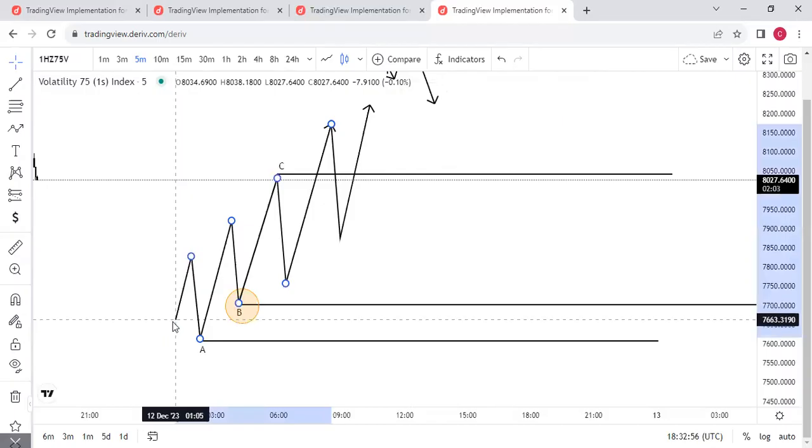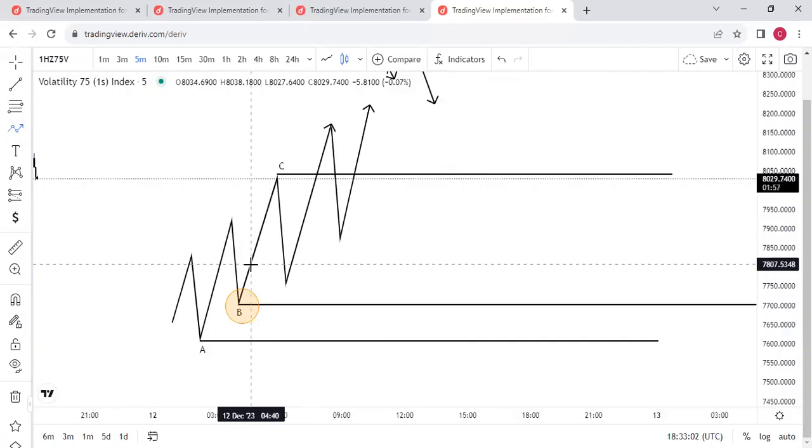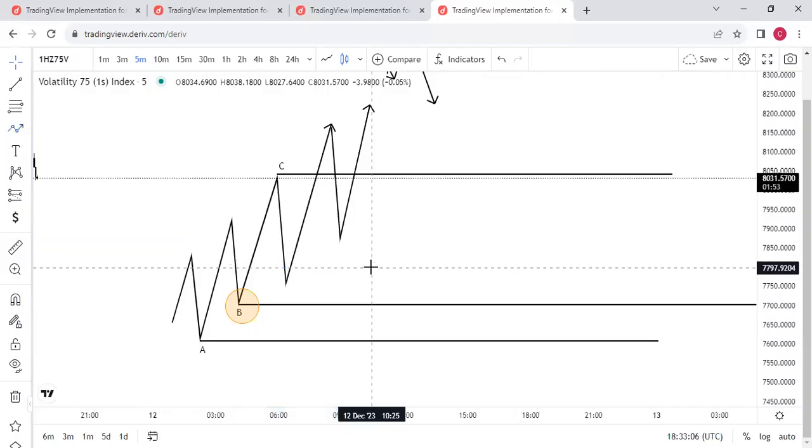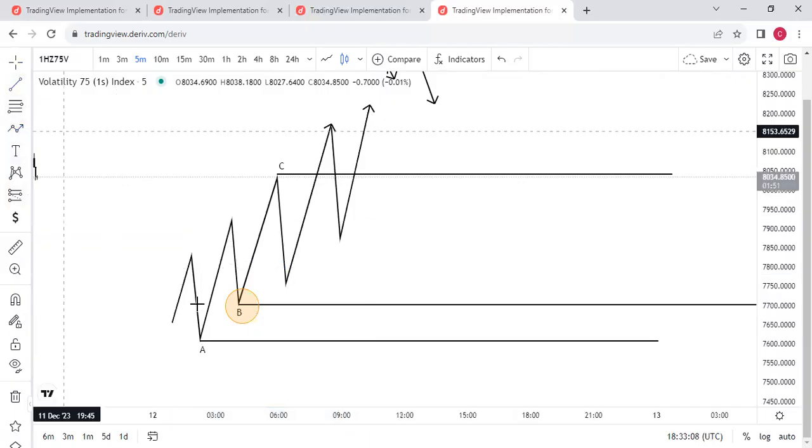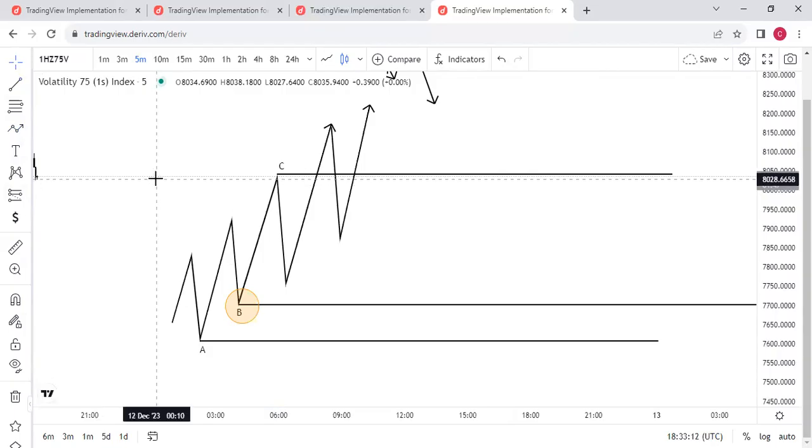What will make this valid? Let's assume there was a sweep of liquidity somewhere around here. Remember your number one rule in the advanced market structure: there must be a sweep of liquidity. Do you know what a sweep of liquidity means? When price takes out a previous low and then breaks structure to the upside, you have a sweep of liquidity.